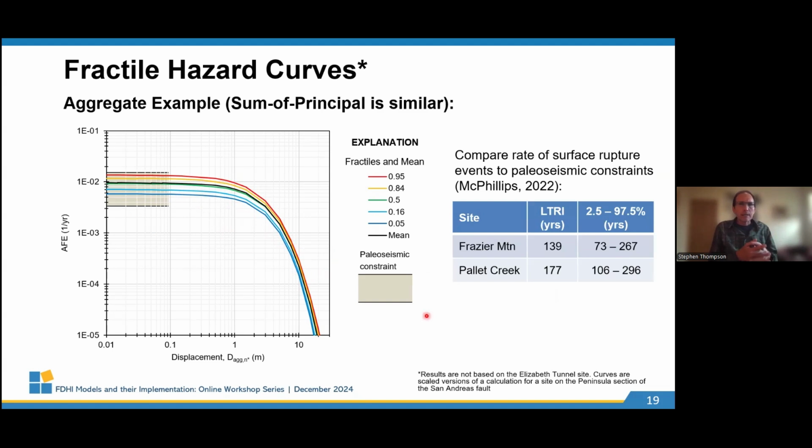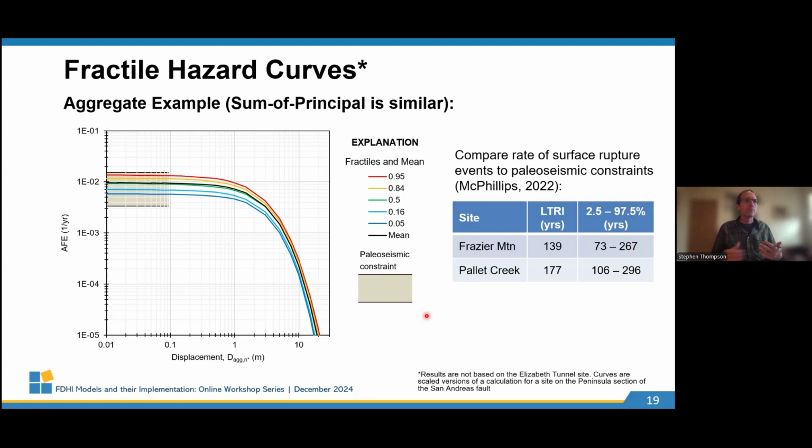One of the nice things about working on the San Andreas Fault is there's abundant other data that can be used to check the model. We have paleoseismic constraints. The McPhillips 2022 paper, which is an update of an analysis that Glenn Biasi did for UCERF 3, looked at the different paleoseismic sites along the San Andreas and other major strike slip faults in California.